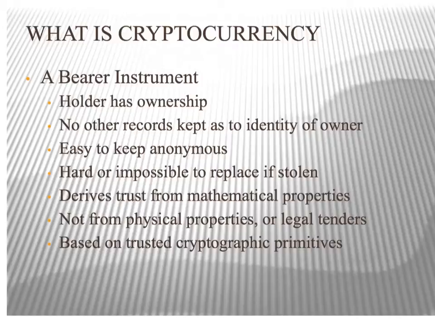But it is not so with the cryptocurrency. In cryptocurrency, the trust comes from the mathematical properties or the calculations, which we will discuss in the further slides. The trust on cryptocurrency does not come from physical properties as in gold or legal tender as in a 100 rupee note.